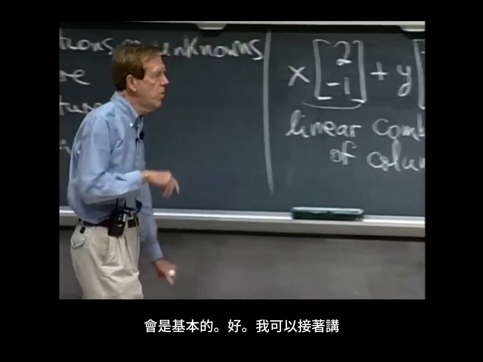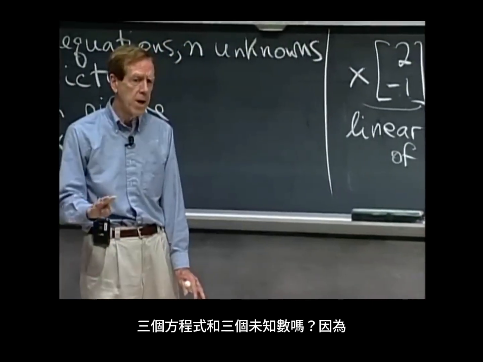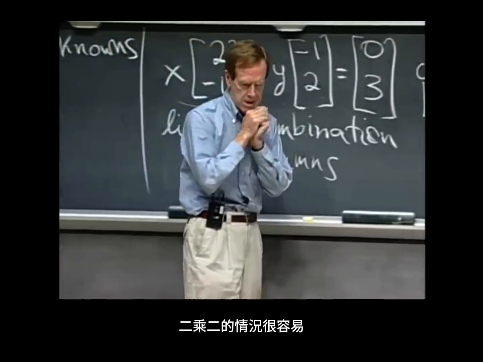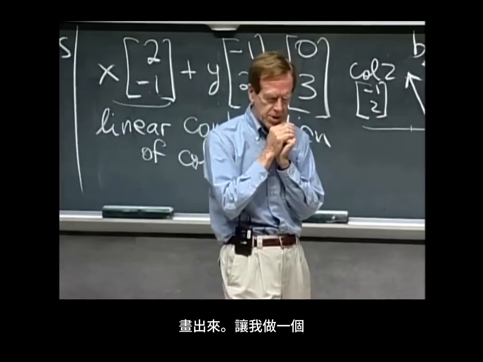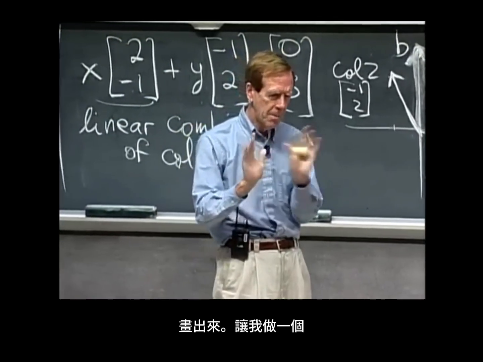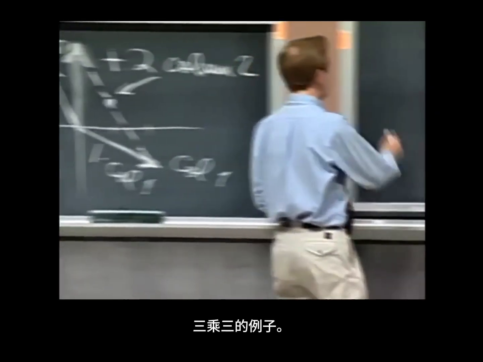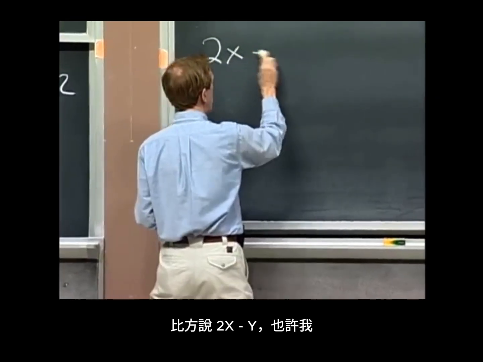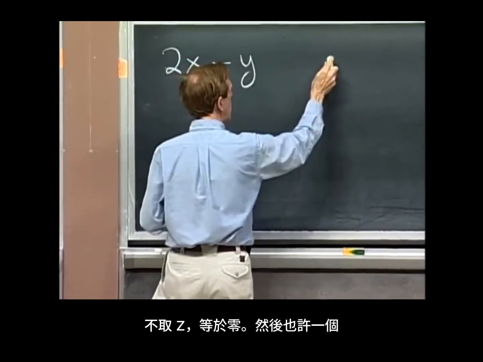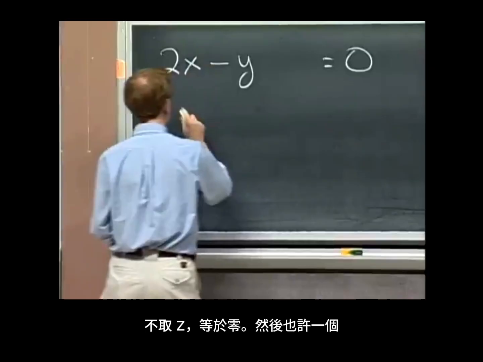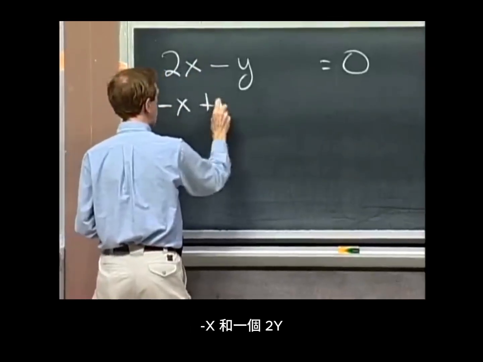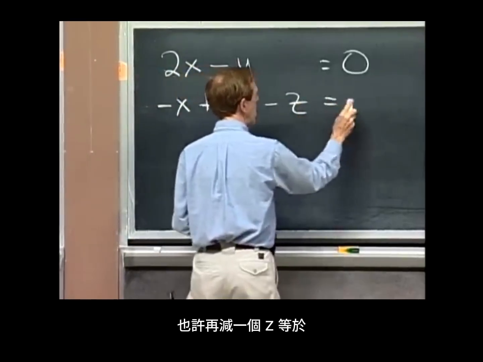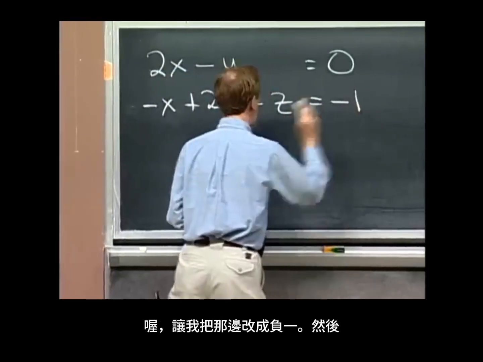Okay, can I move to 3 equations and 3 unknowns? Because it's easy to picture the 2-by-2 case. Let me do a 3-by-3 example. I'll sort of start it the same way, say maybe 2x minus y, and maybe I'll take no z's, as a 0, and maybe a minus x and a 2y, and maybe a minus z, let me make that a minus 1.